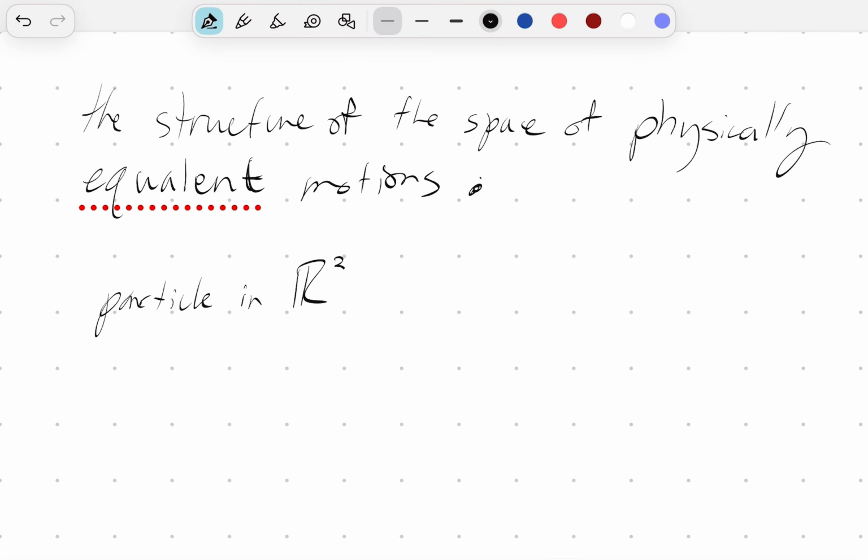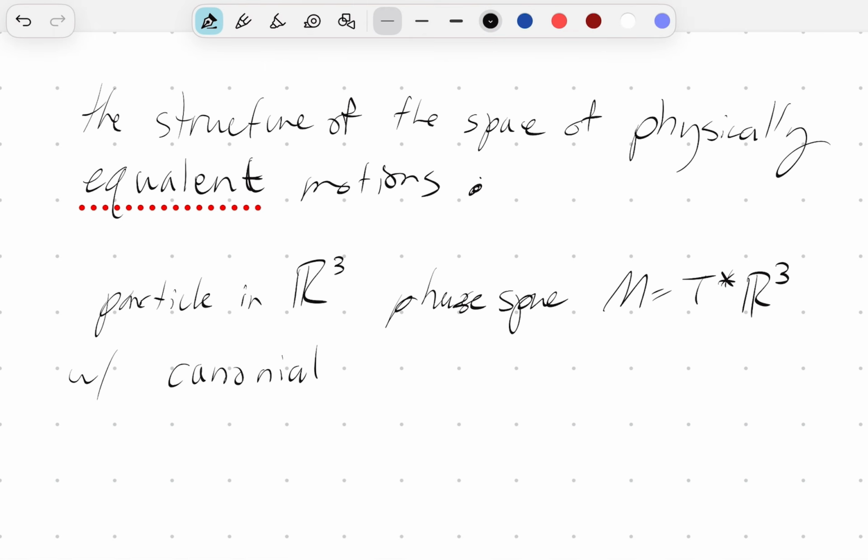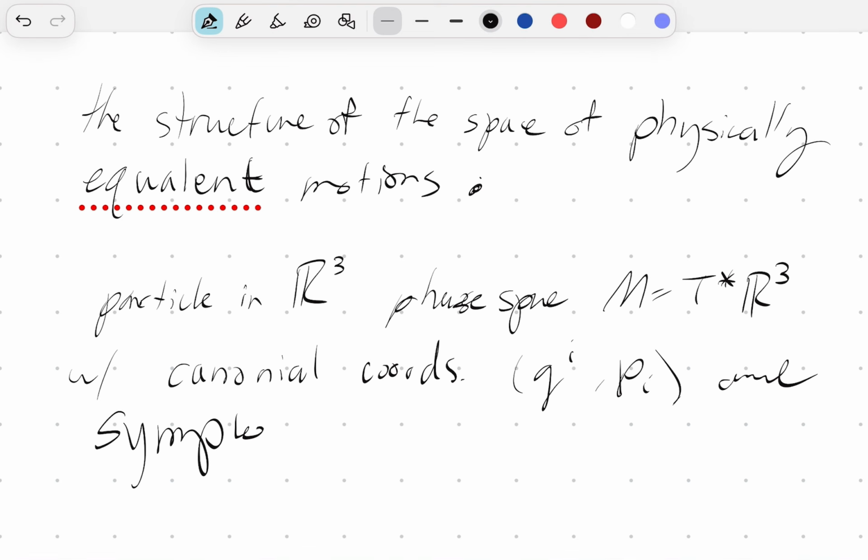in R3, where phase space M is the cotangent bundle with canonical coordinates q_i, p_i, and symplectic form.